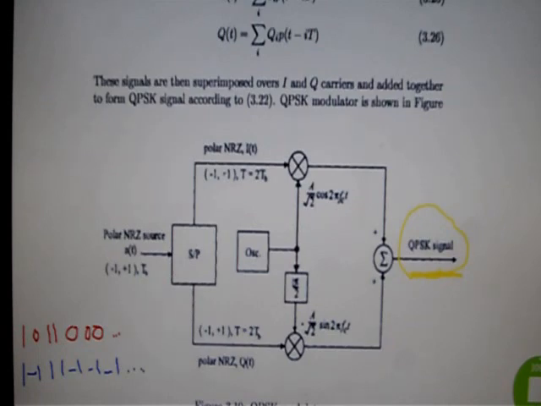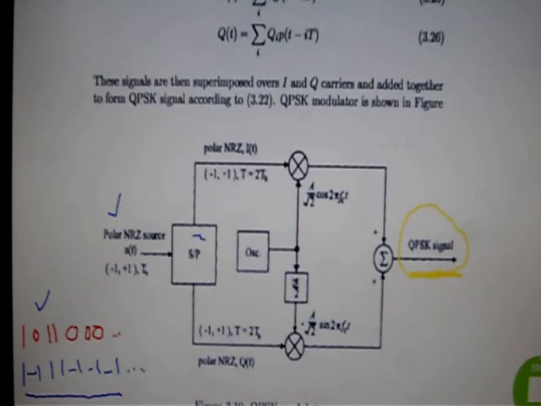So the polar NRZ source gives you this polar data, 1 and minus 1 for the bit sequence, and this is actually the polar, the odd number of bits.